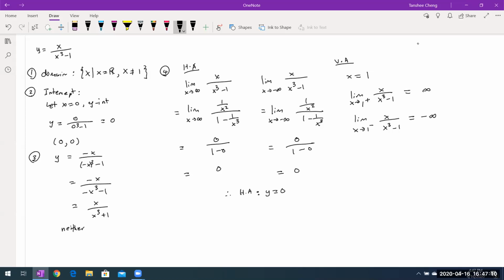If the limit going to positive infinity and the limit going to negative infinity are different, then you will have two horizontal asymptotes. In some of the homework problems, you will run into that kind of situation.